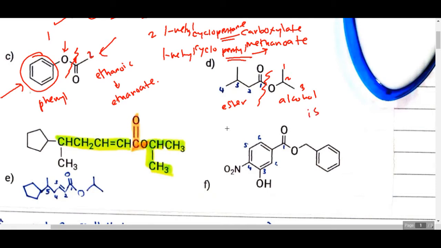So this we call isopropyl. The longest chain for this one is 4, so it will be butanoate, since it is an ester, with a substituent at carbon number 3, which is the methyl group. So the answer will be isopropyl 3-methyl butanoate.